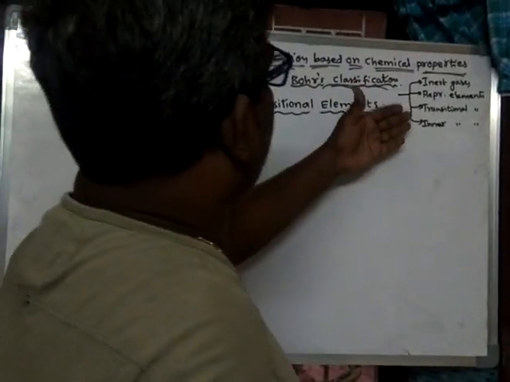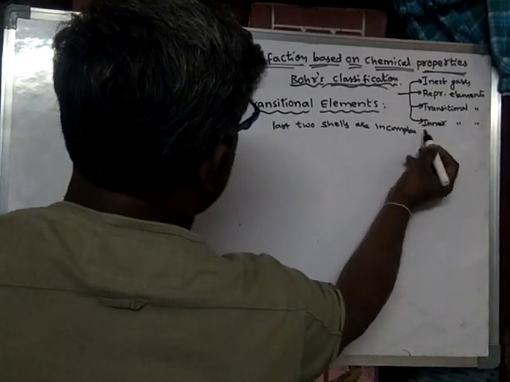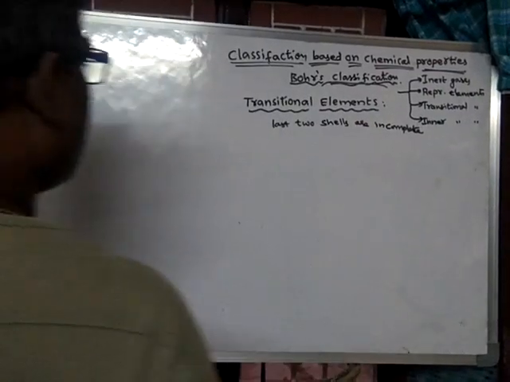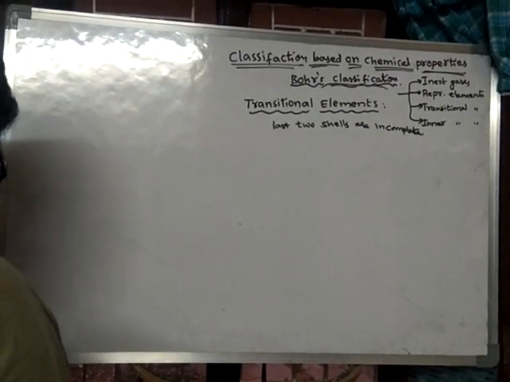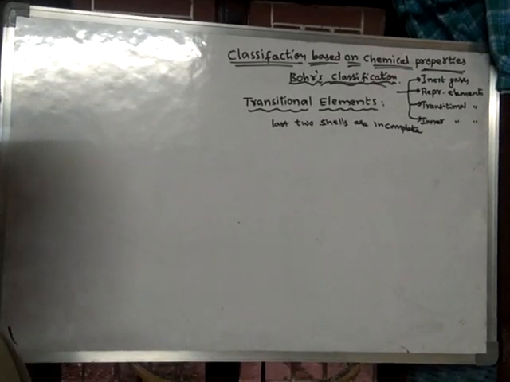So we have seen inert gases and representative elements. Now we look into transitional elements. What are transitional elements? The elements in which the last two orbits, or last two shells, are incomplete are classified as transitional elements.